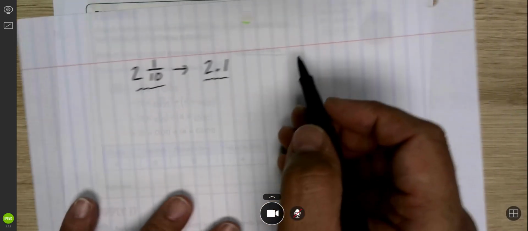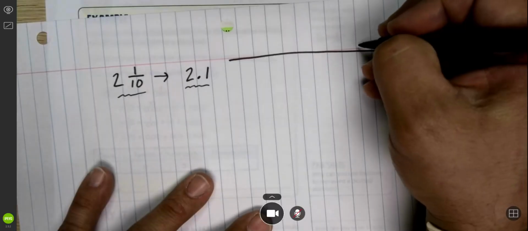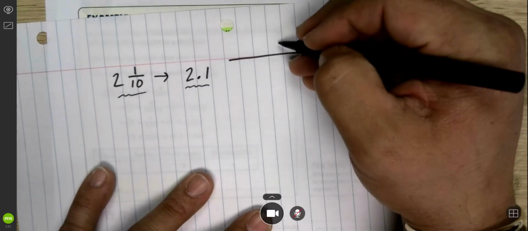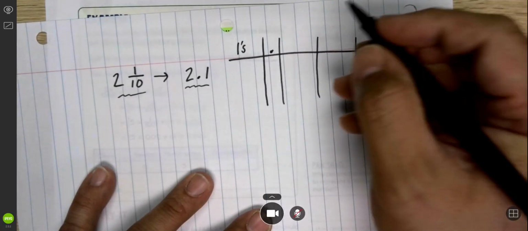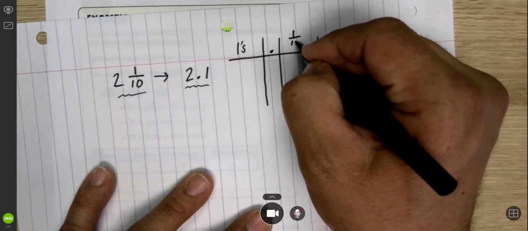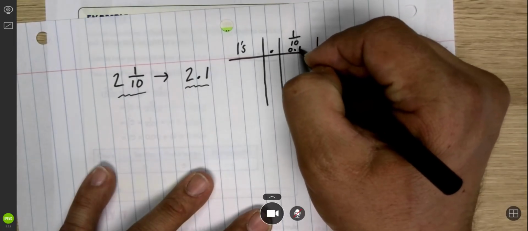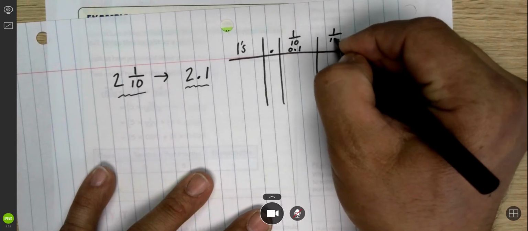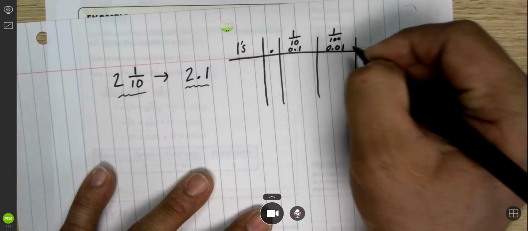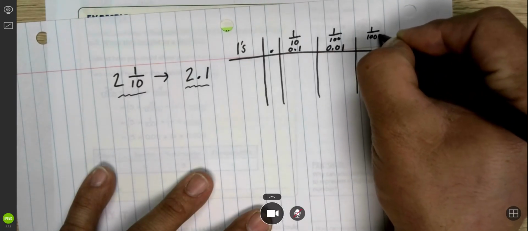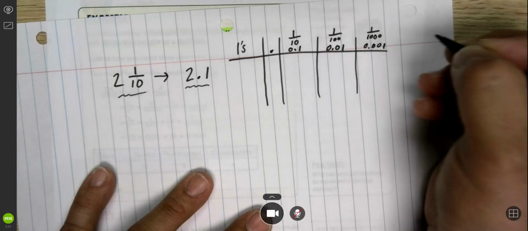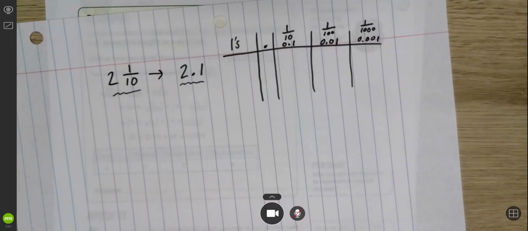On the other side of the place value chart, let me focus in over here. Here's our decimal, and this is our ones. This is tenths or 0.1. This is hundredths or 0.01. And then this here is thousandths or 0.001. Okay? Those are both the exact same thing. One is a fraction representation, one is a decimal representation.